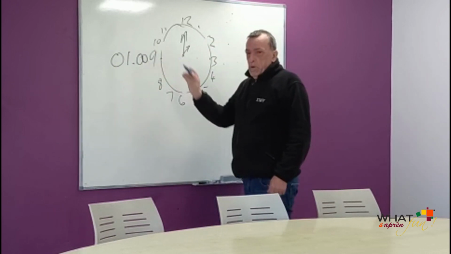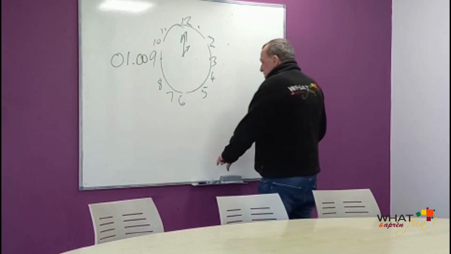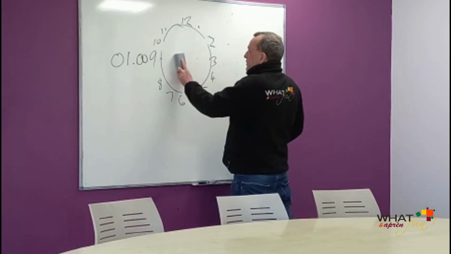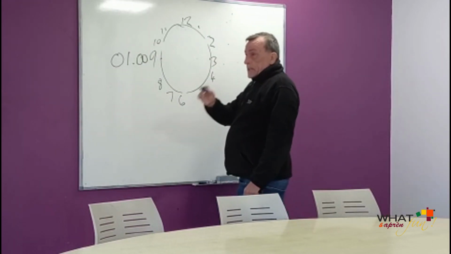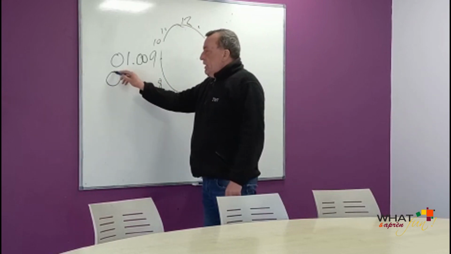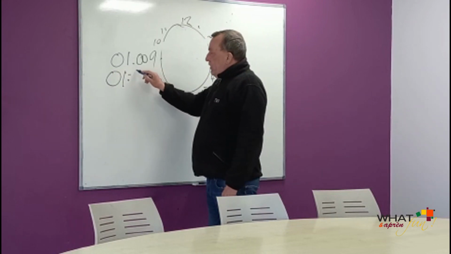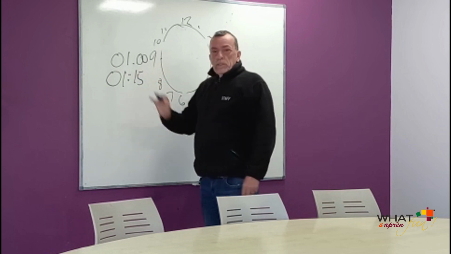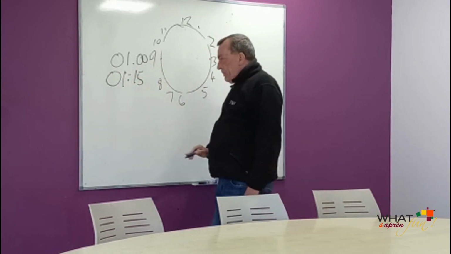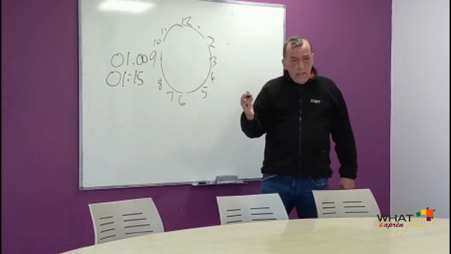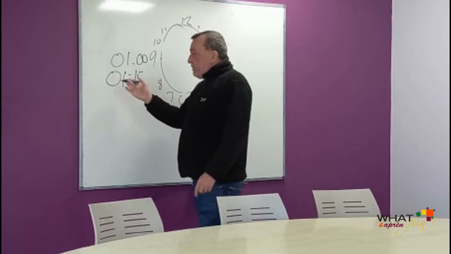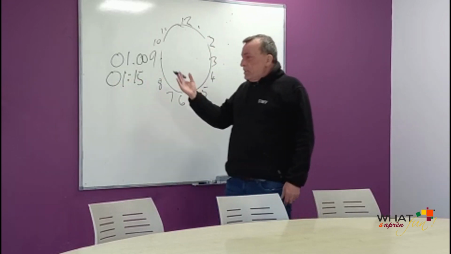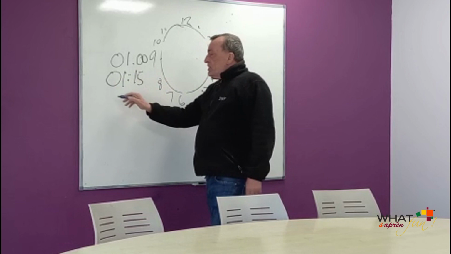Yes, it's 1 o'clock. Let's say now it's quarter past 1. 01 and 15 minutes. So it's 1:15. Yeah, I can still say it's quarter past 1. Yeah, because that's actually the time. So it doesn't change.